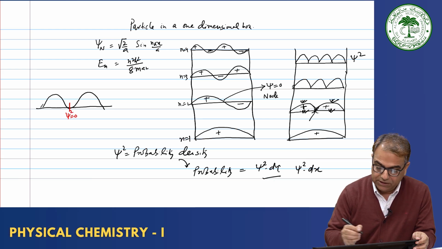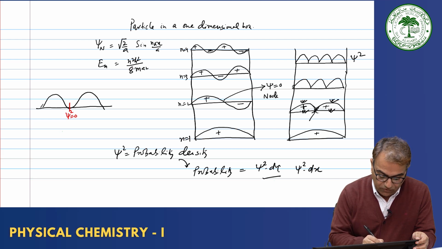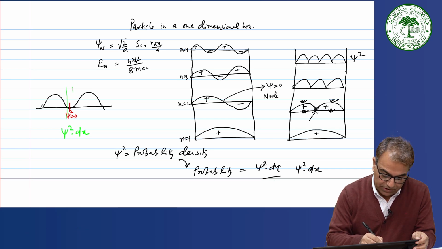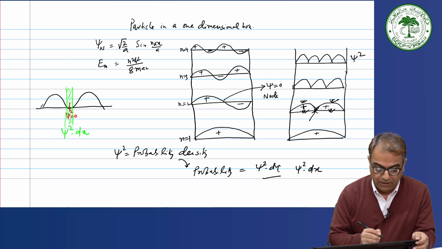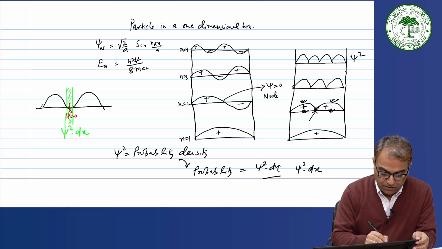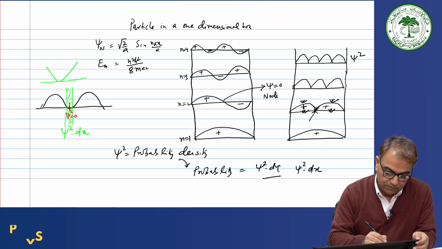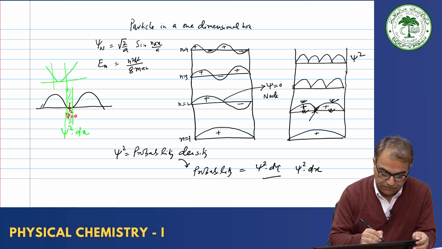But what you need to find out is probability. So it must include some volume element also. It will be psi square dx, and dx is a very thin space like this one. And if you expand this thin film, then it is like this one.